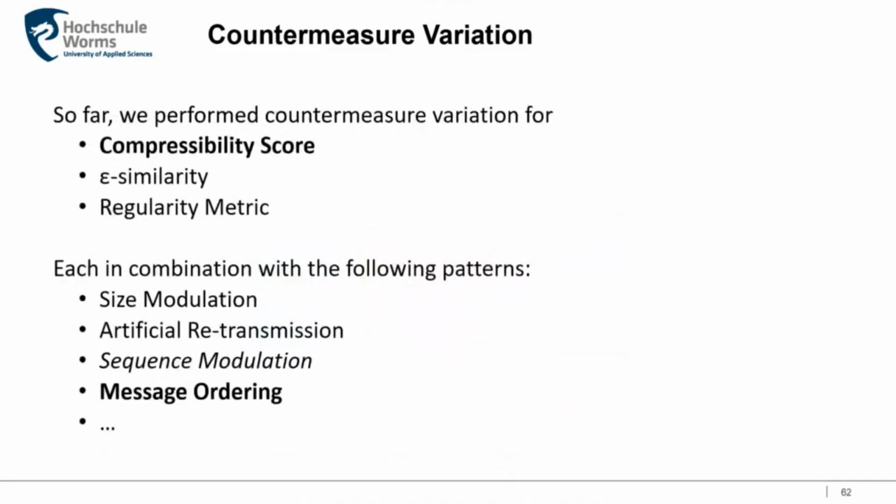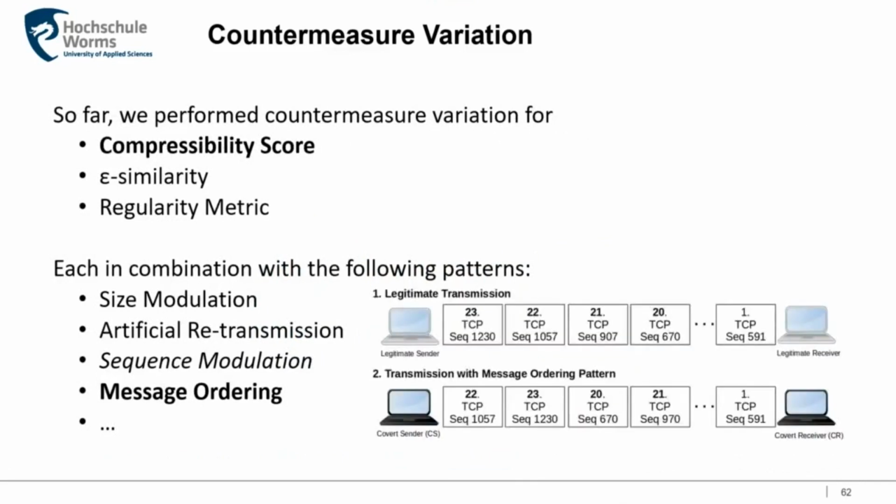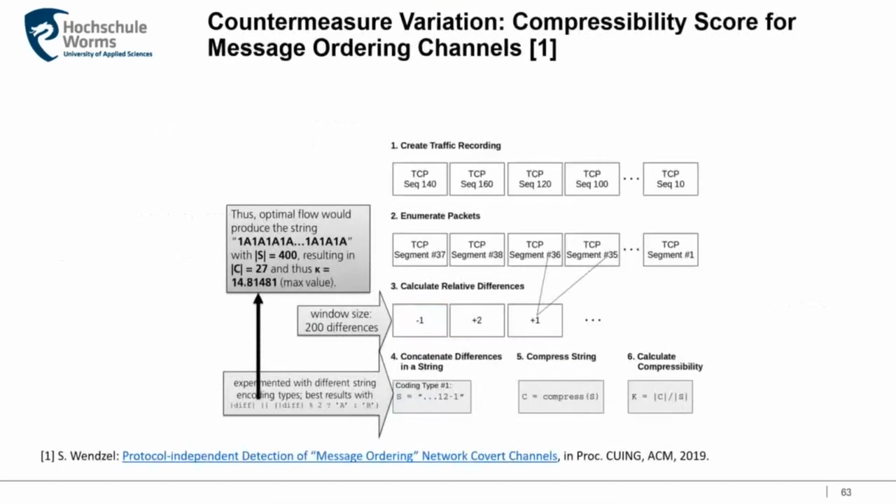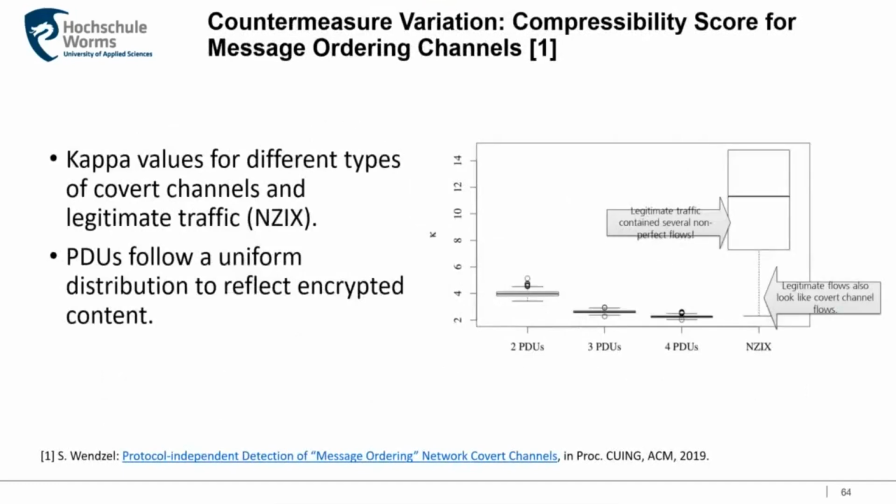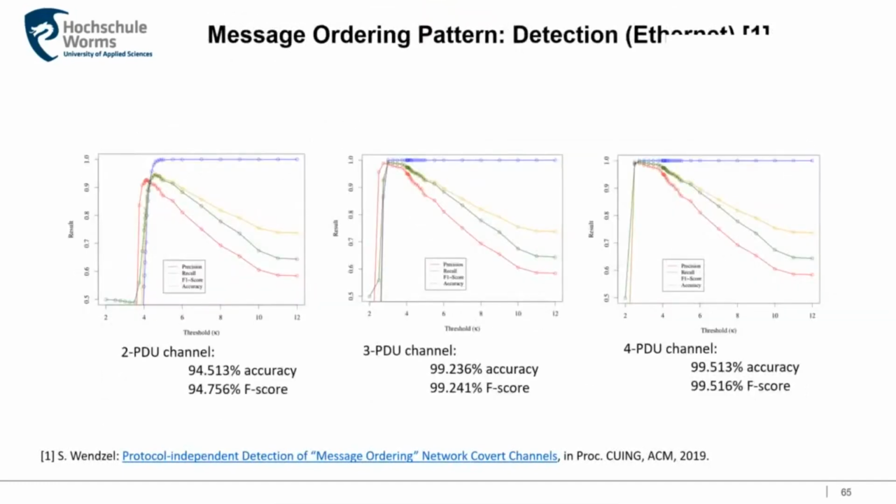We did this for almost everything there is in the last years, like message ordering, network packet ordering, and so on. I skipped the details here, but it works pretty fine. So we get really good results in the end for detectability.